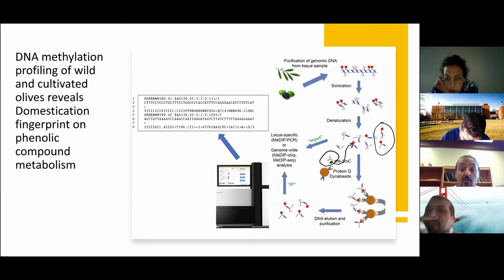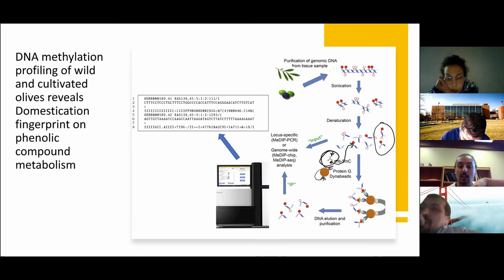After that, we use protein G Dynabeads. Those beads are magnetic, and they can bind to the other side of the antibody. So the antibody recognizes the methylated DNA on this side, and on this side it binds to the beads right here.